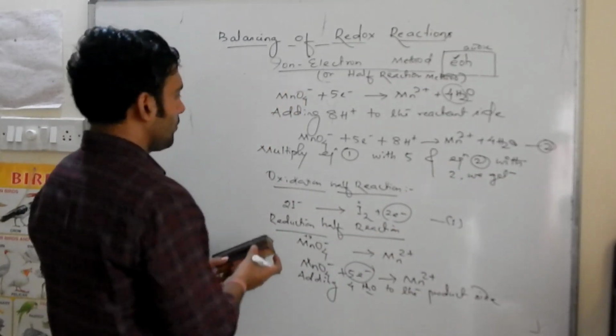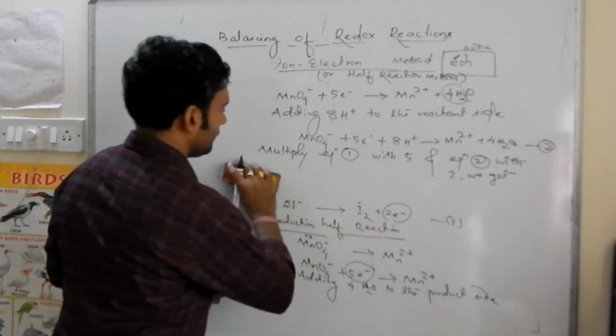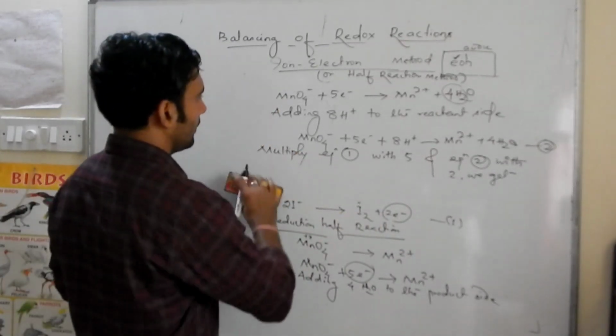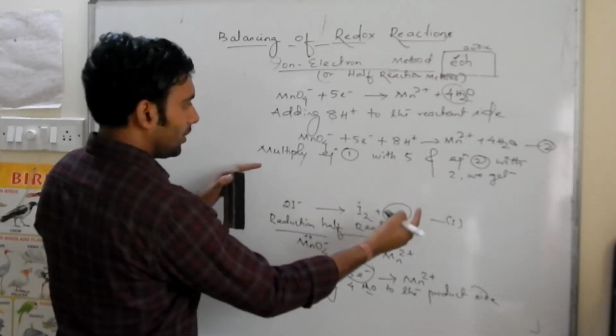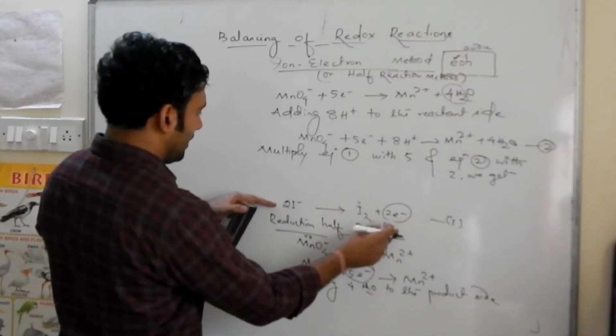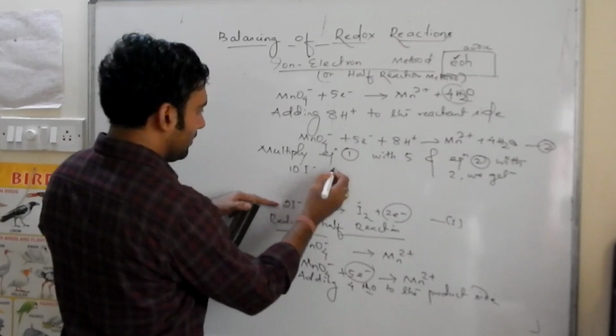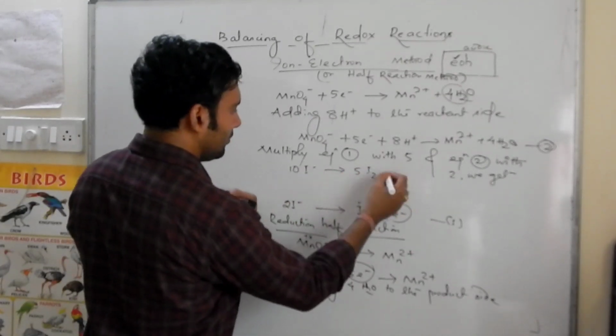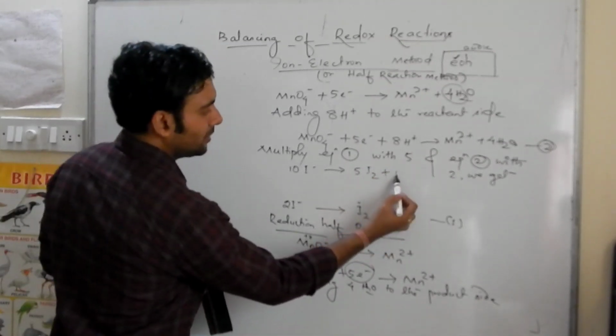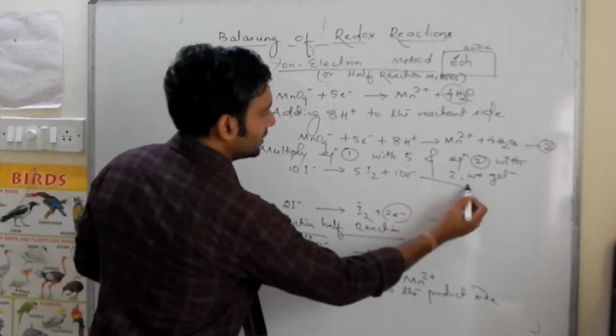Equation 1 with 5 becomes 10I- gives rise to 5I2 plus 5 into 2, that is 10 electrons. Let us say this is equation 3.